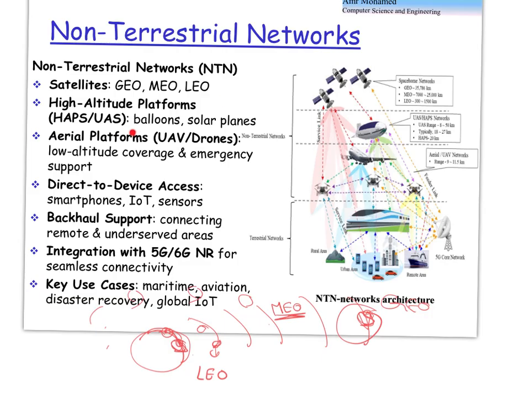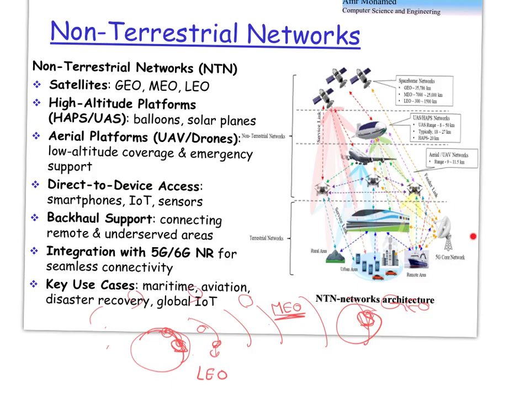You have the high altitude platforms, or HAPS, and you have the aerial platforms, which is composed of UAVs and drones. And you have direct to device. So direct to device, devices can communicate directly to the drone layer or directly to the HAPS, okay? And you can still provide bridging to the 5G infrastructure as needed.